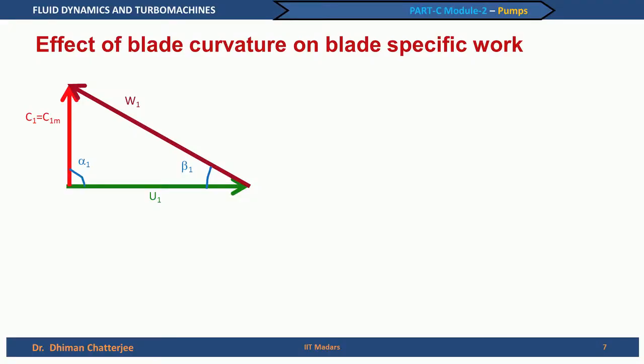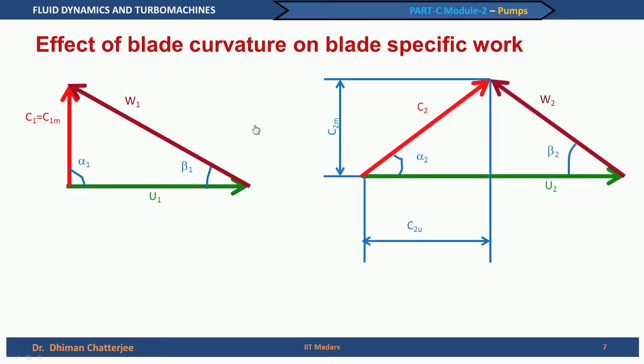Let us assume, as I have said in many cases earlier, that the inlet whirl or the pre-whirl of a centrifugal pump can be neglected. We can assume that the flow is entering in such a way that C 1 equal to C 1 m and C 1 u equal to 0, and this is the outlet velocity triangle.